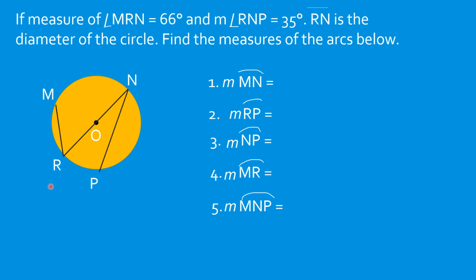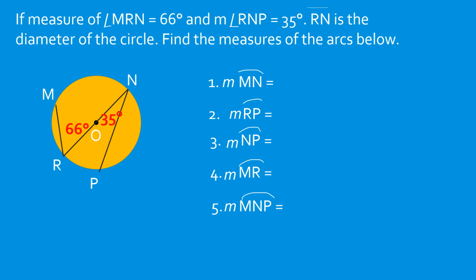RN is the diameter of a circle. Find the measures of the arcs below. Remember, the measure of the inscribed angle is half of the arc. Therefore, to get the measure of the arc, given the angle, we just multiply the measure of the angle by 2. Okay, let's write the measurements there.